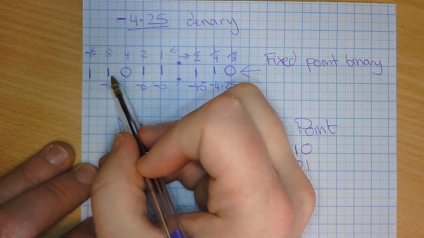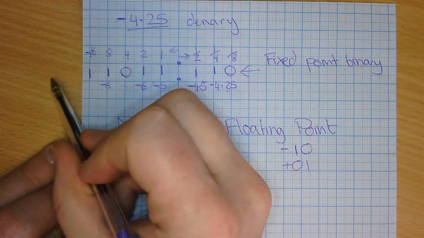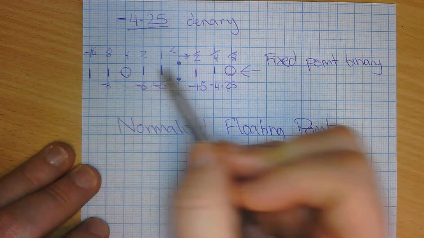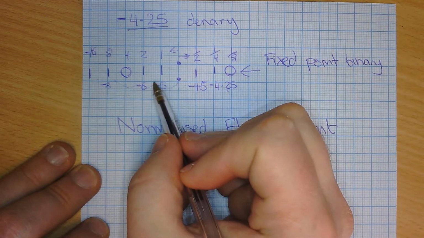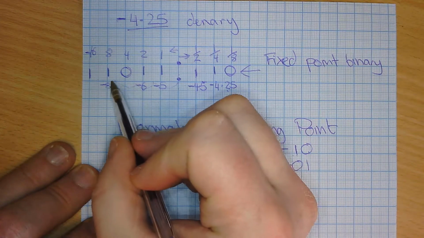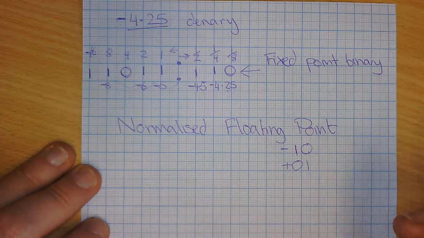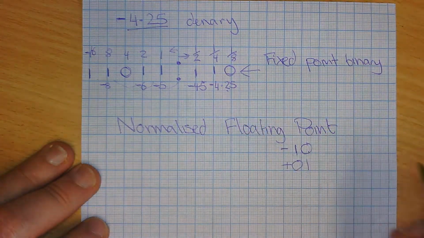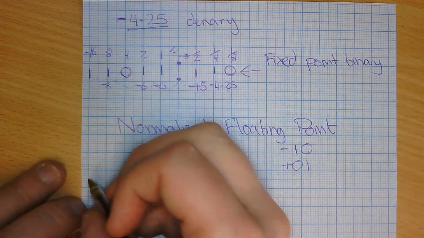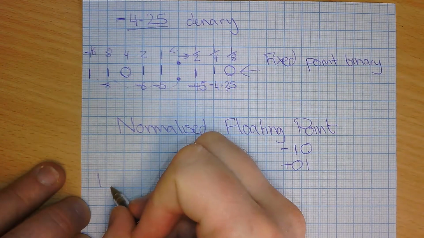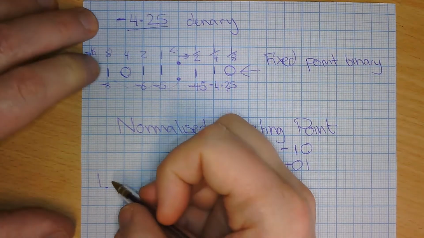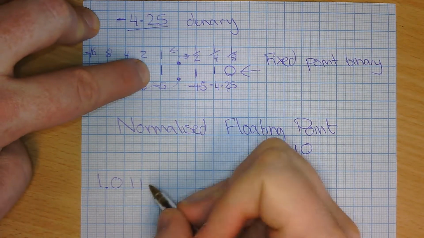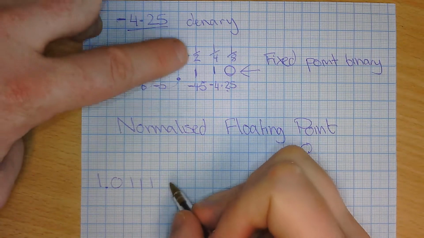Because it's a negative number, it doesn't matter that the ones on the left will be 1s. That's okay. So I can just sandwich it on here, and that'll be a 1 move, a 2 move, a 3 move along. So the normalized version of this fixed point binary number becomes 1.0, 1, 1, 1, 1.